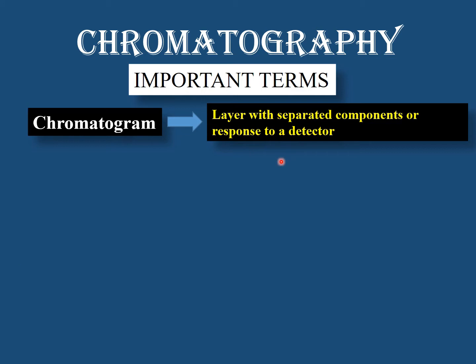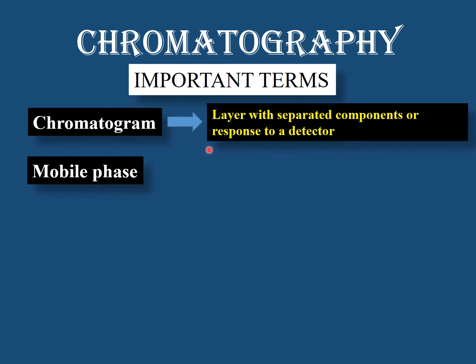So, it's a layer upon which the experiment is carried out, and it shows all the components of a mixture, whether in separated form or in combined form, or in some of the modern techniques, it may be known as a response to a detector.